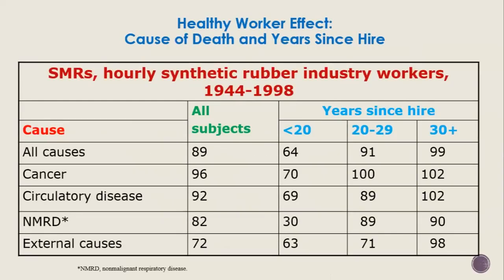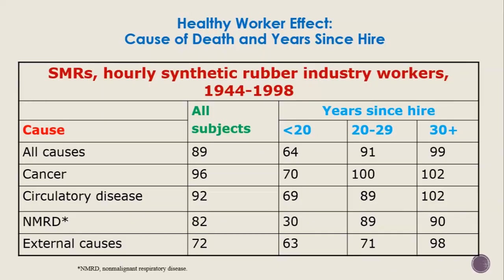So this is an actual study that was done, illustrating the healthy worker effect. They're looking at the cause of death and the years since hire. It came from this study, SMRs, hourly synthetic rubber industry workers. This study was conducted between 1944 and 1998. So if you look here, there are a number of causes listed.